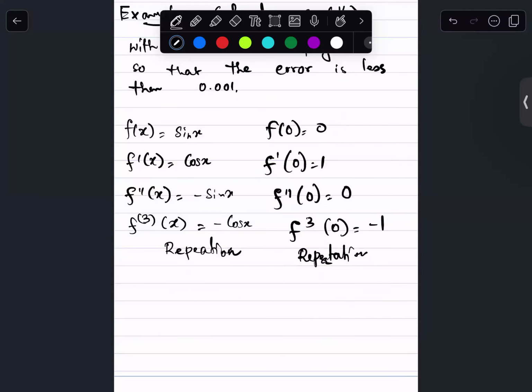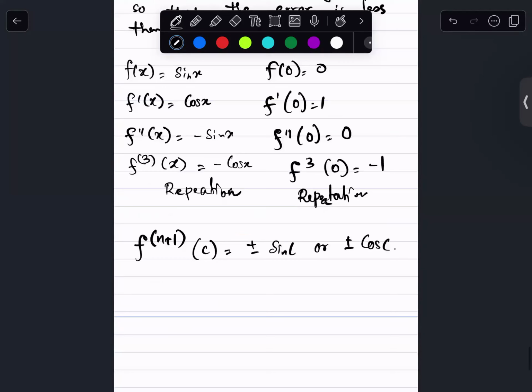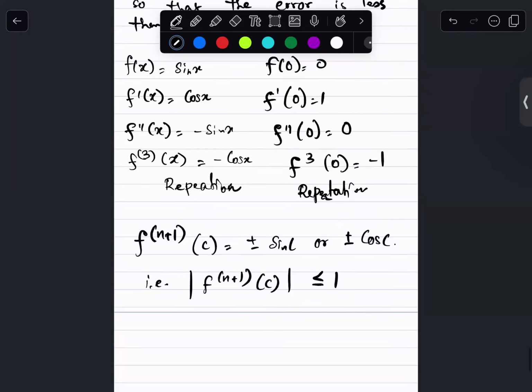Okay. And the (n plus 1)th derivative at c would be plus or minus sine c or plus or minus cosine c, right? Because we are getting sine and cosine with some change of sign every time we take the derivative. So in other words, the modulus of the (n plus 1)th derivative at c is less than or equal to 1.